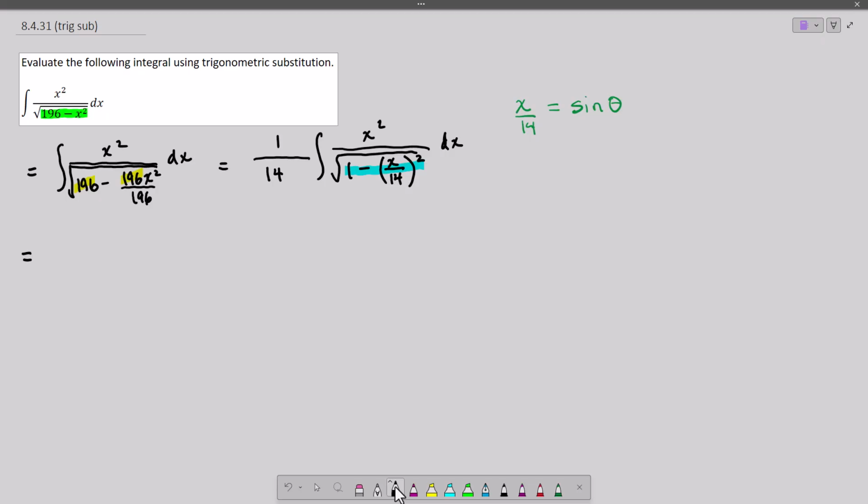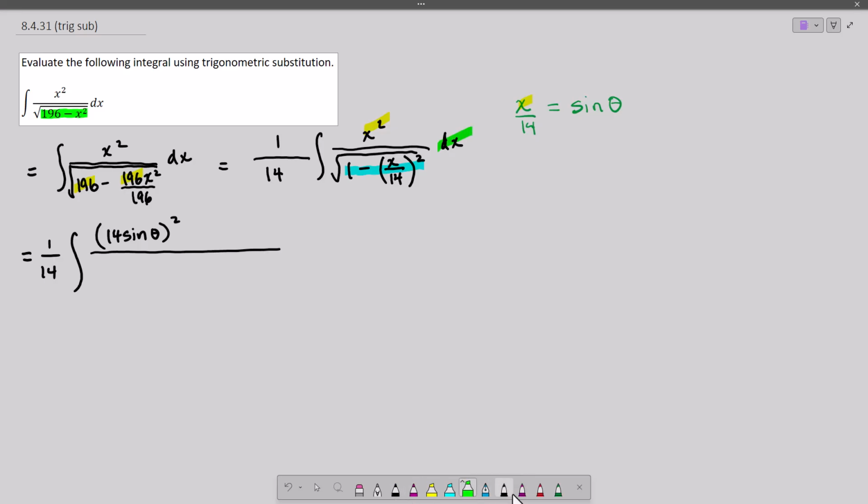All right, so that's going to give us, let's see, we have in the numerator x squared. Well, that x squared, we need to isolate x over here, so x is 14 sine of theta. So we're going to have 14 sine of theta quantity squared. And now we have to deal with the dx. So dx is right there.